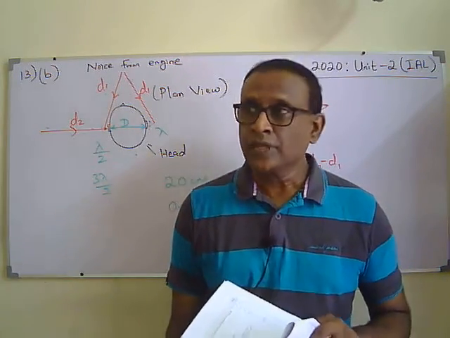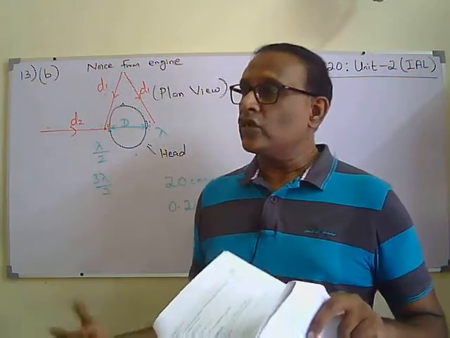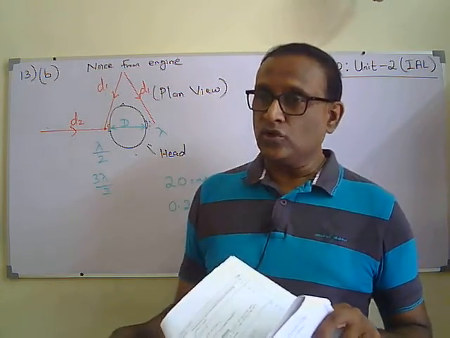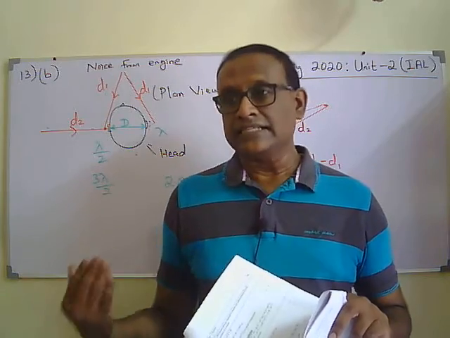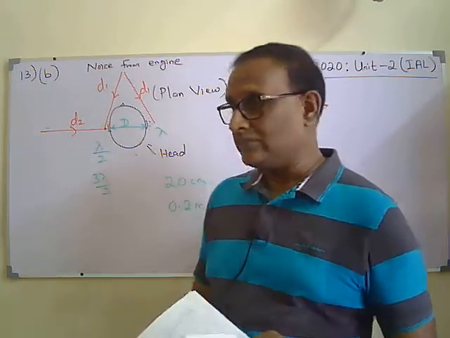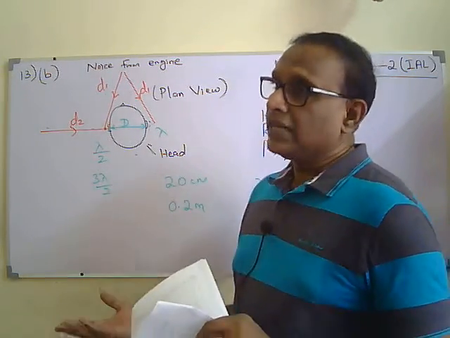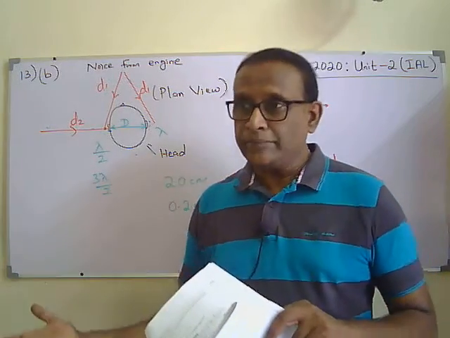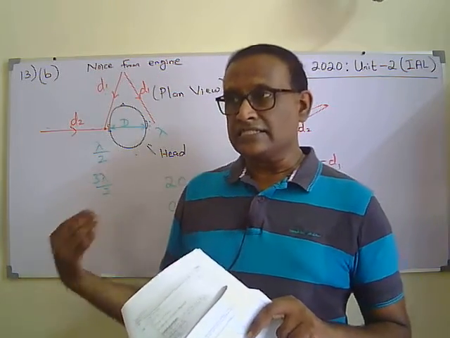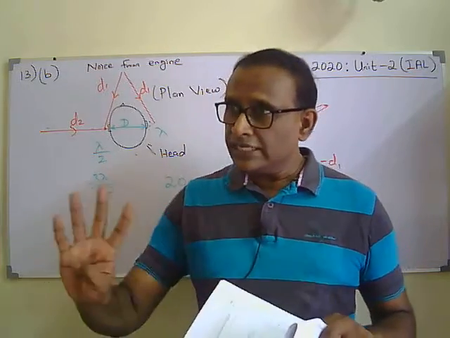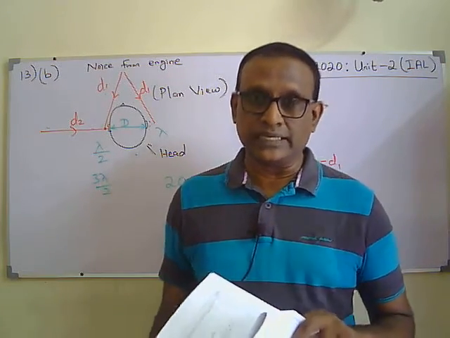Then you can say when the path difference is odd multiple of lambda by 2, the waves will overlap antiphase and destructive superposition will occur, so that will cancel the sound. If the path difference is integer multiple of lambda, they will overlap in phase, constructive superposition will occur. So you will get 4 marks for saying this one, right?